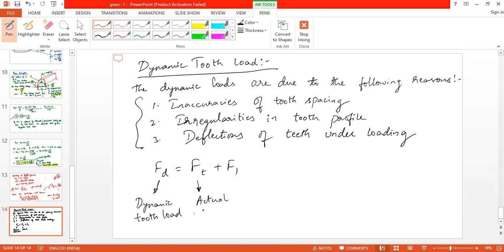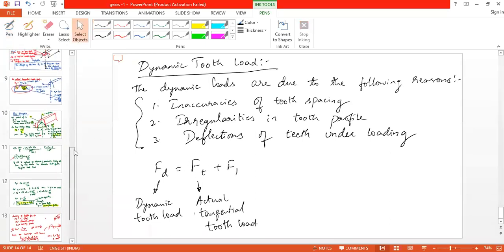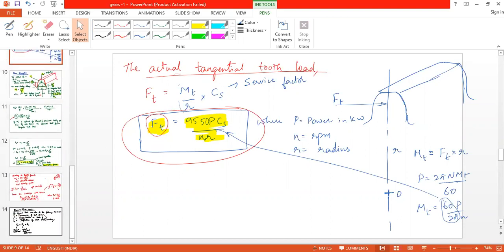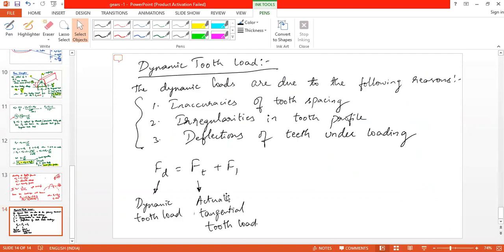It is the actual tangential tooth load. You should take this FT from the equation 9550 P Cs by N R. From this equation, we need to take the value of FT and substitute here.